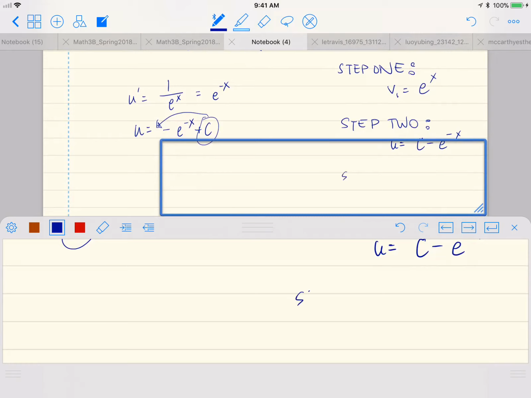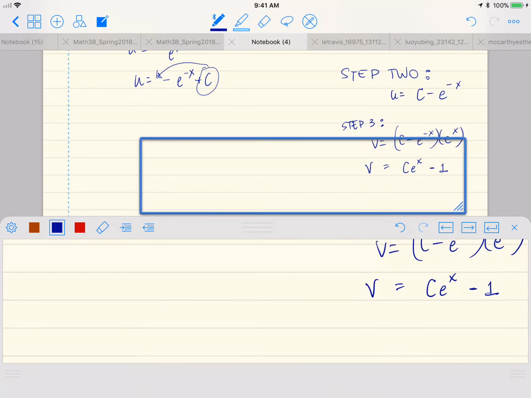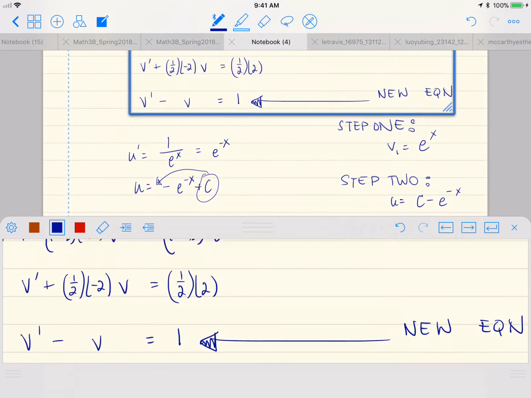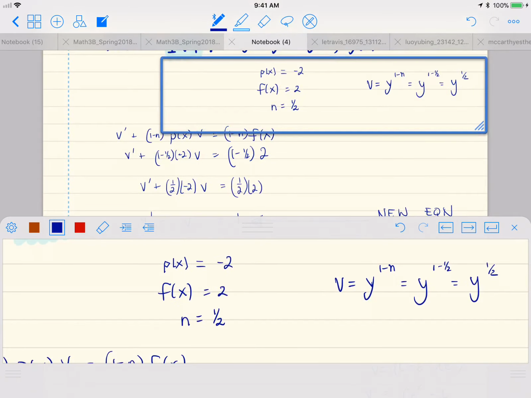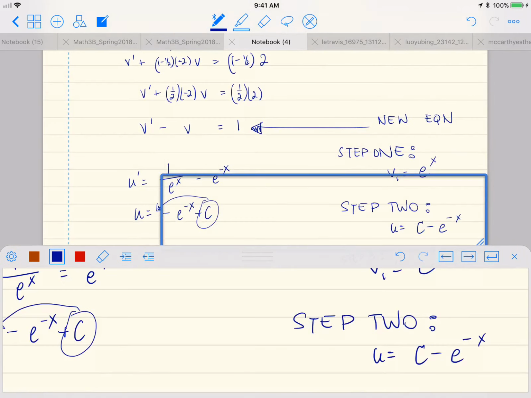And now step 3, put them together. V is equal to c minus e to the negative x times e to the x. So we'll just get c e to the x minus 1 is equal to v. And then we say we're not done yet because really v was equal to y to the 1/2, right?